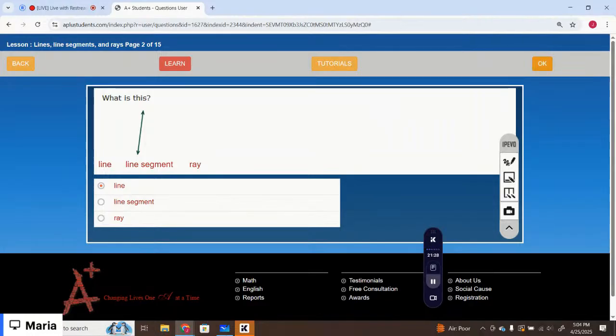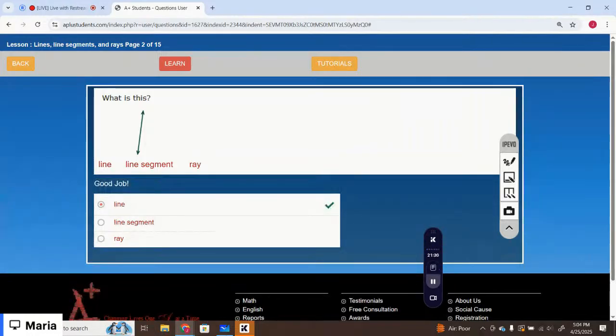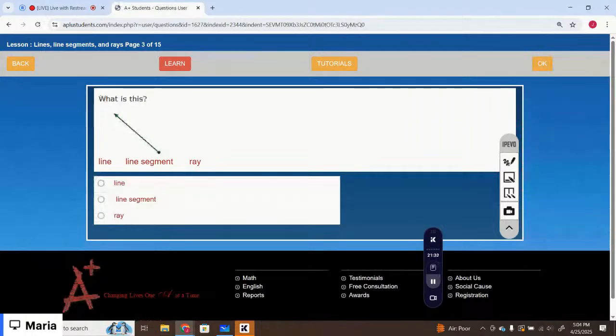That is a line. What is this: line, segment, or ray? Ray, it is option number 3 is the correct option.